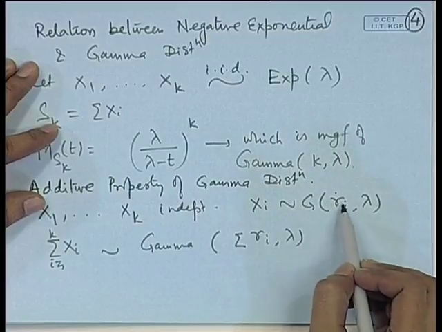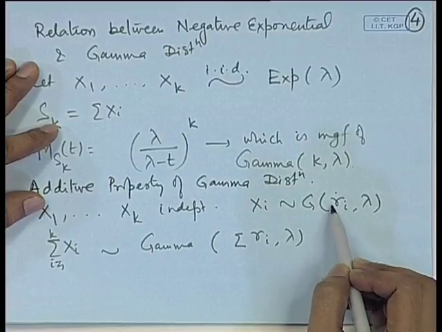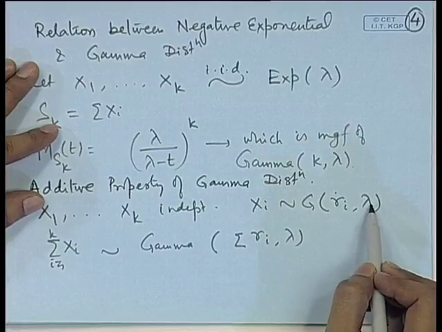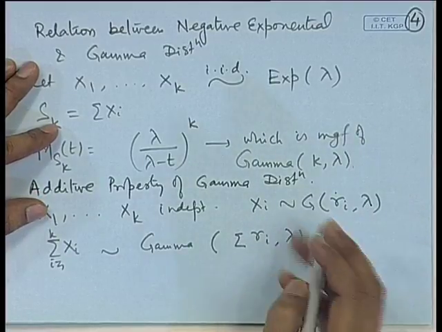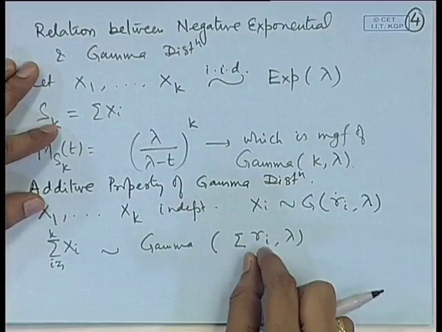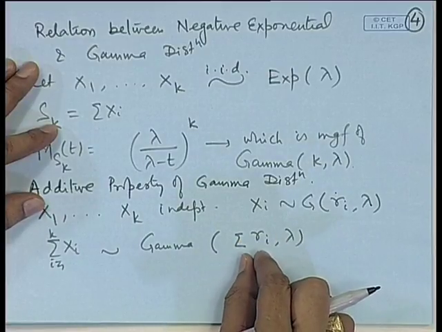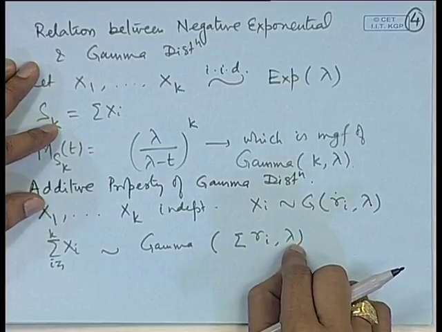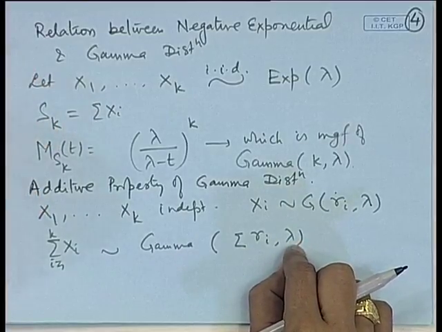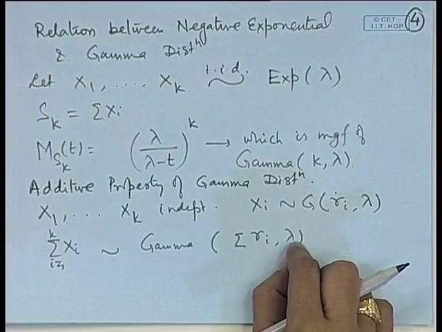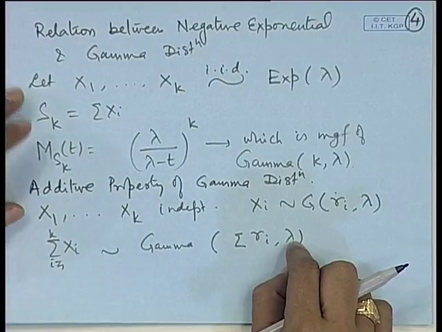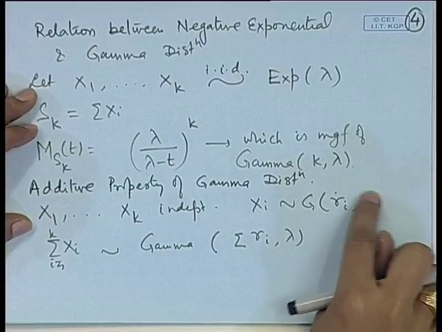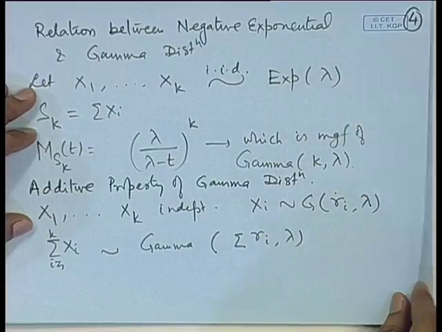Because here we can consider Xi as the waiting time for the first time ri-th occurrence in a Poisson process with rate lambda. So, when we add these timings, it means that it is the total waiting time for sigma ri occurrences in a Poisson process with rate lambda. Therefore, this gamma distribution also satisfies an additive property, provided the Poisson process parameter remains the same.